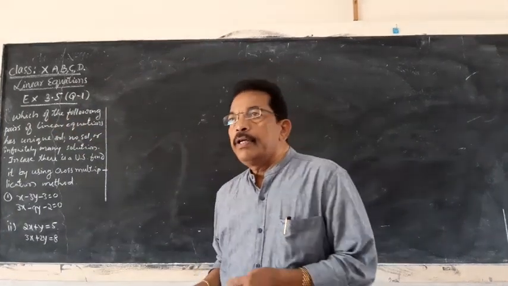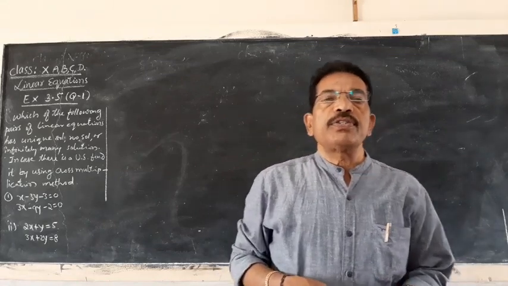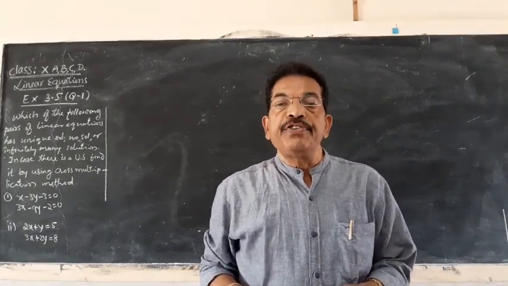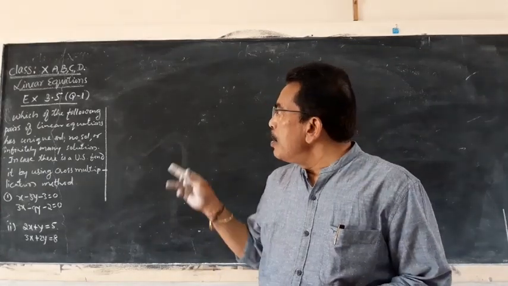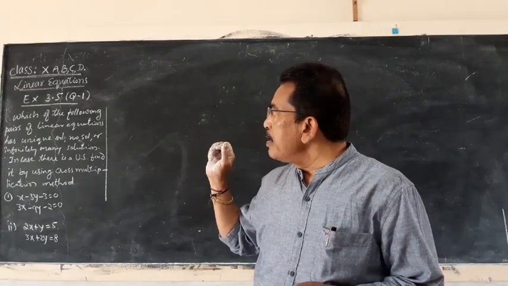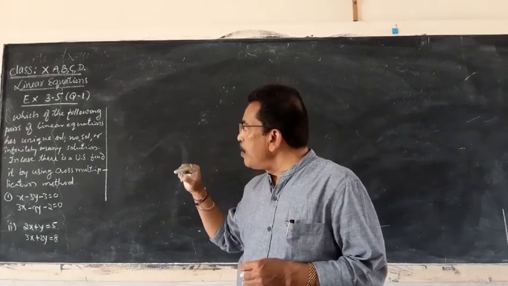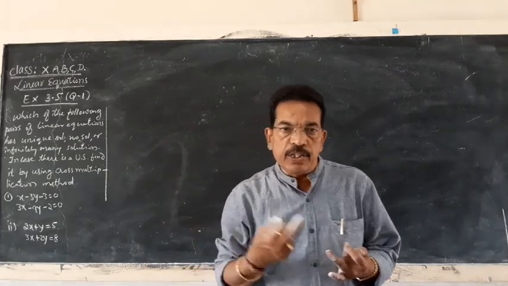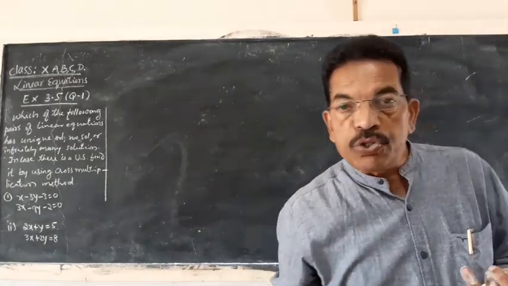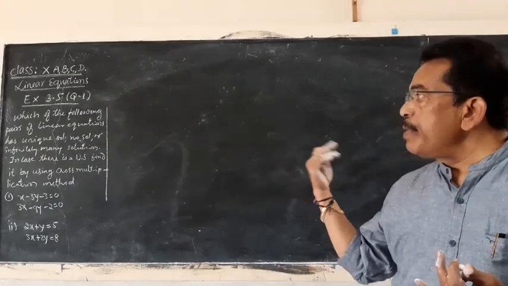So far we have discussed the cross multiplication method. Question number 1 relates to Exercise 3.5: which of the following pairs of linear equations has a unique solution, no solution, or infinitely many solutions?